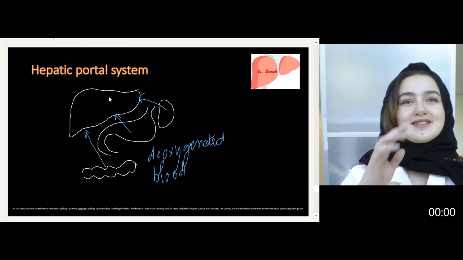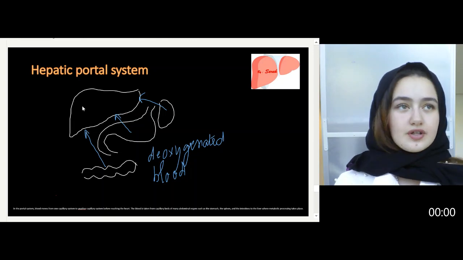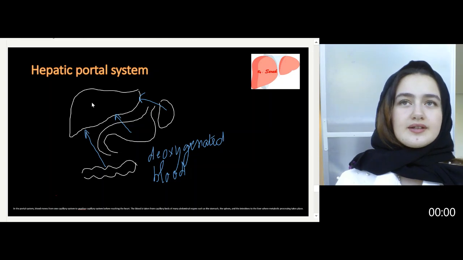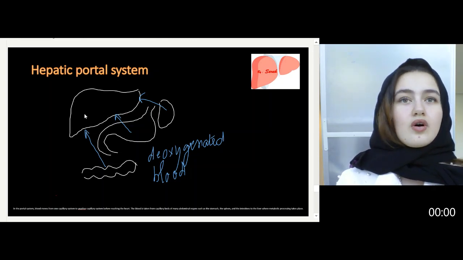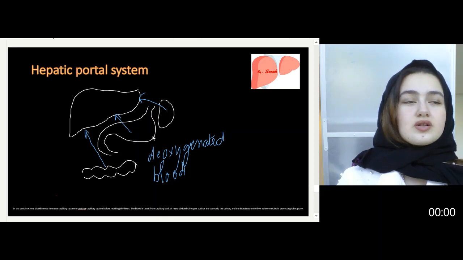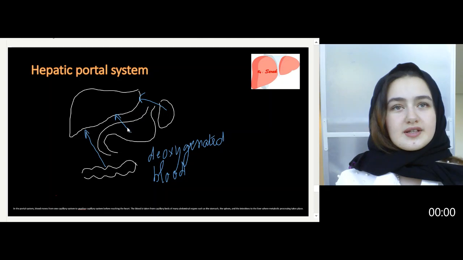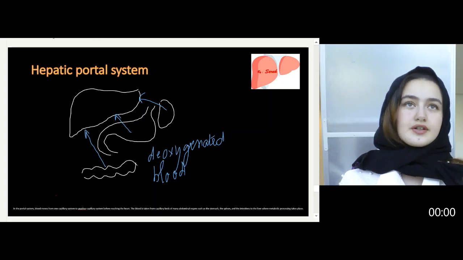That's because it has to reach the liver first. And so the liver will take the nutrients and detoxify the blood and all of that. So that's why the blood has to go from the first capillary system, then another capillary system, then to the heart.